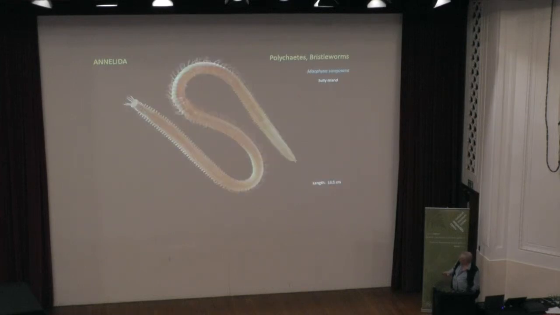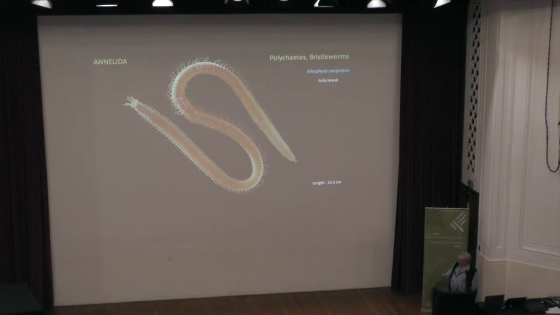Again, from Sully, this lives in crevices. Quite a big worm as well. This is Phyllodoce sanguinea, originally described from Devon in the early 1800s by Colonel Montague. And this animal has some quite fearsome jaws, but if I actually sort of uncover it in a crevice, it's actually quite docile. It doesn't wriggle around or anything, it just sits there.